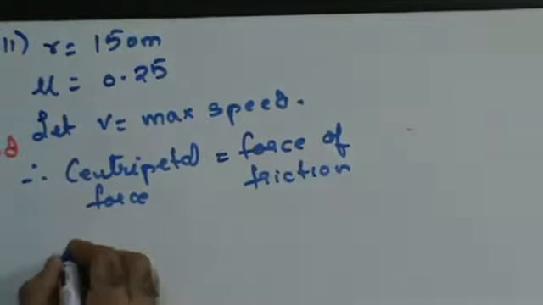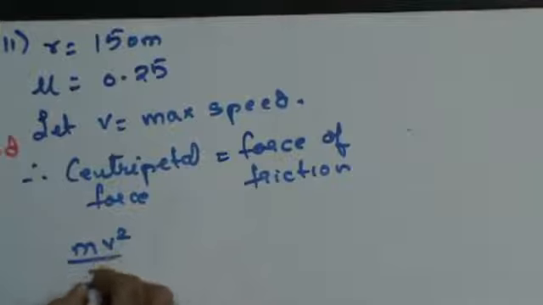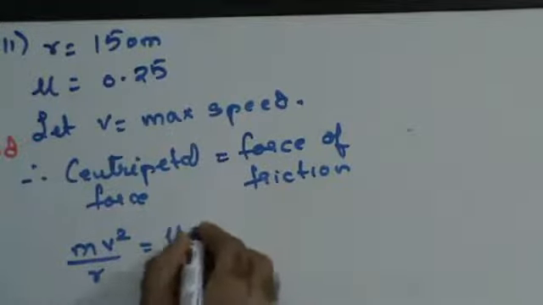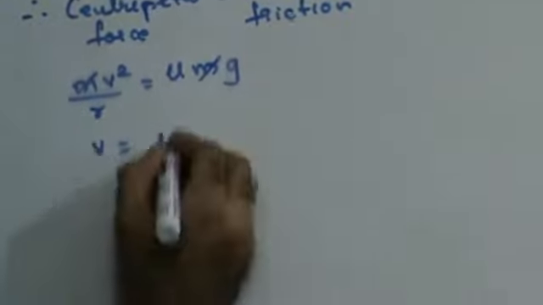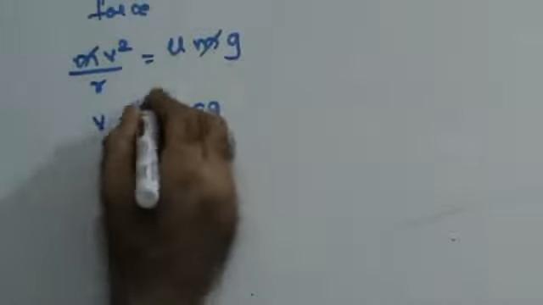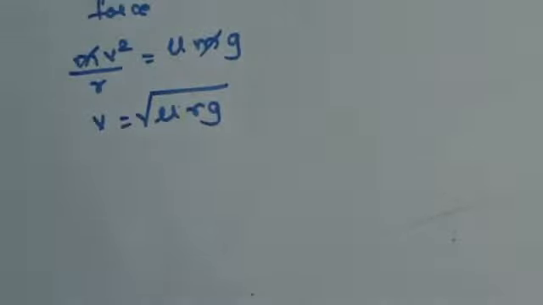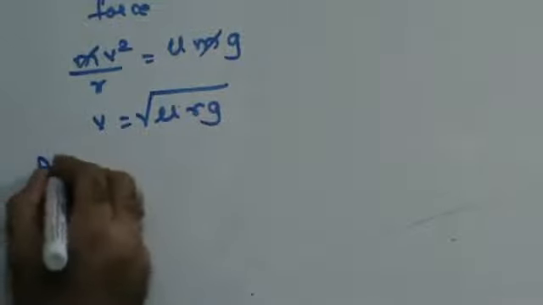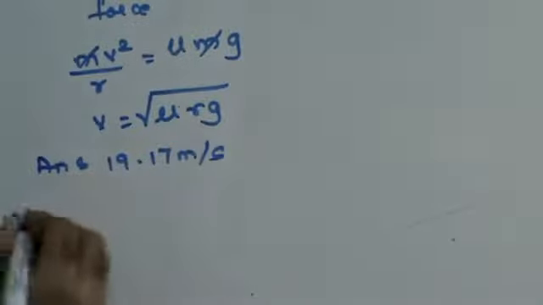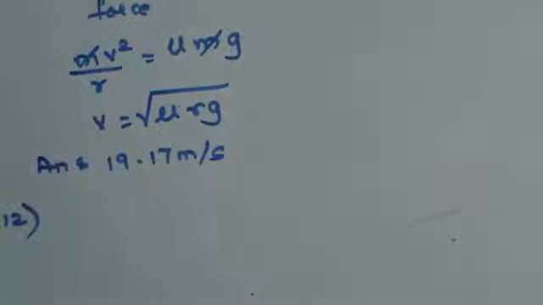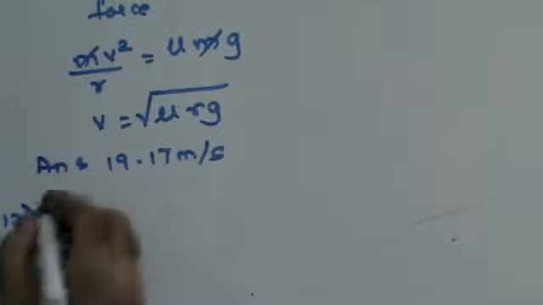That means mv square by r should be equal to mu mg. So you will get V is mu rg under root. The answer for this should be 19.17 meters per second.